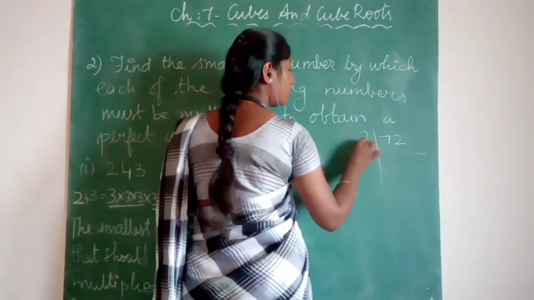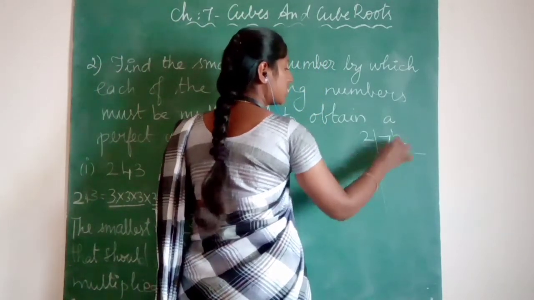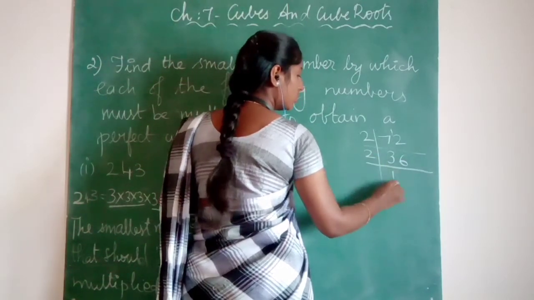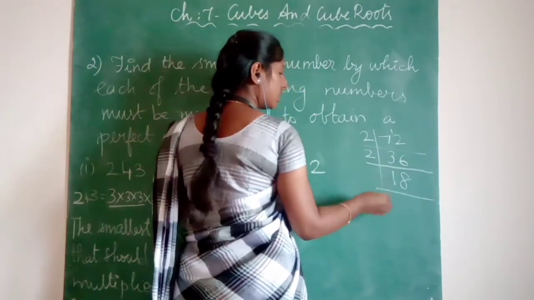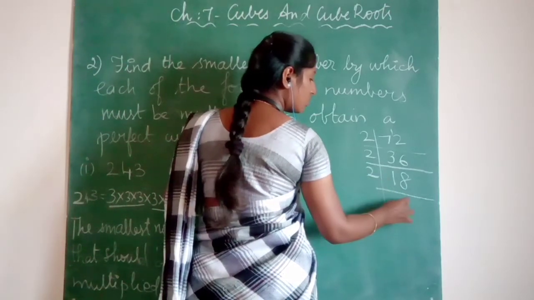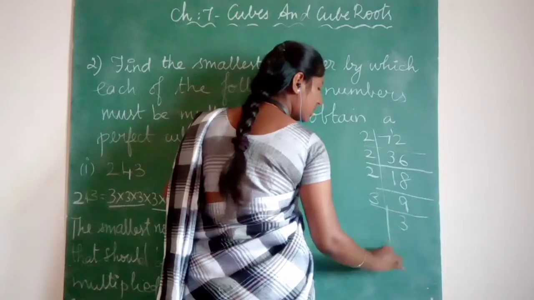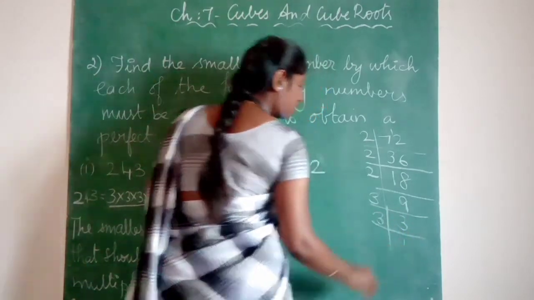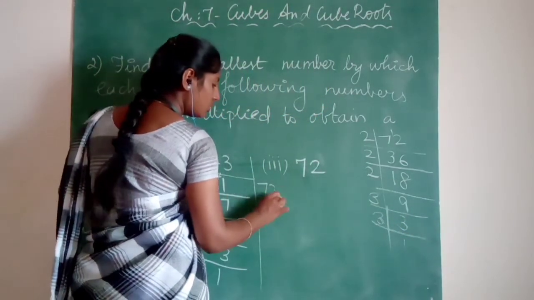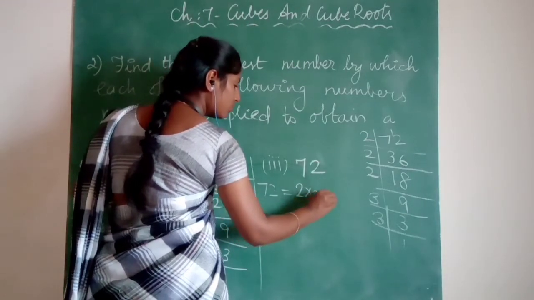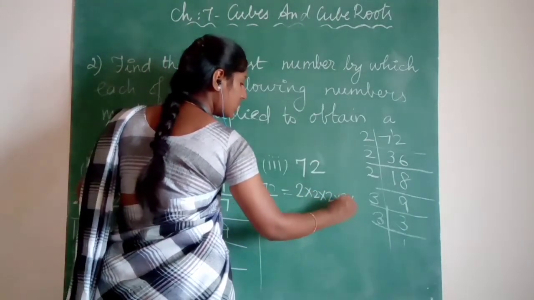Take 2 table, 2 3s are 6, and 2 6s are 12. Then 2 18s are 36, 2 9s are 18. 3 3s are 9, and 3 1s are 3. So this 72 you can write as 2 into 2 into 2 into 3 into 3.